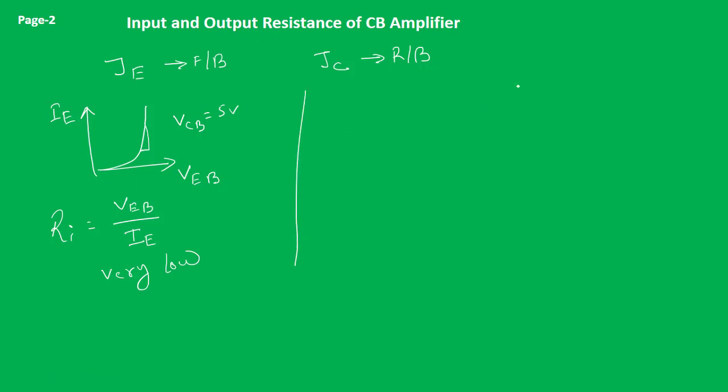Similarly, if we have a look at the output characteristics, we have seen this kind of output. So our output current was taken as IC and output voltage as VCB with input current IE constant. So let us consider some value, say 10 milliampere. For 10 milliampere we are having this kind of output.